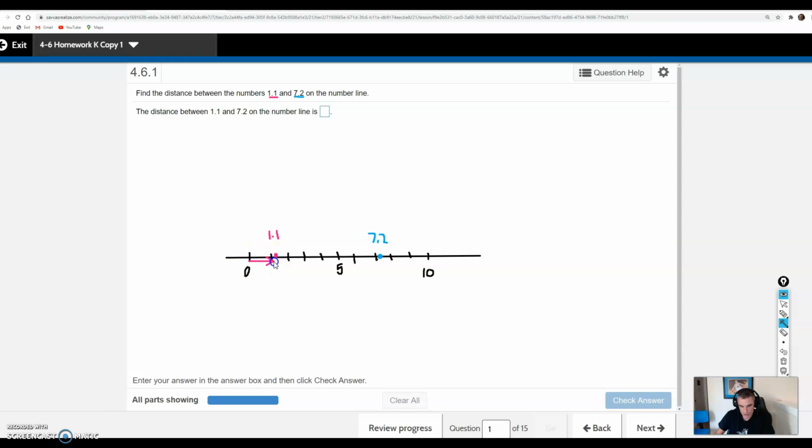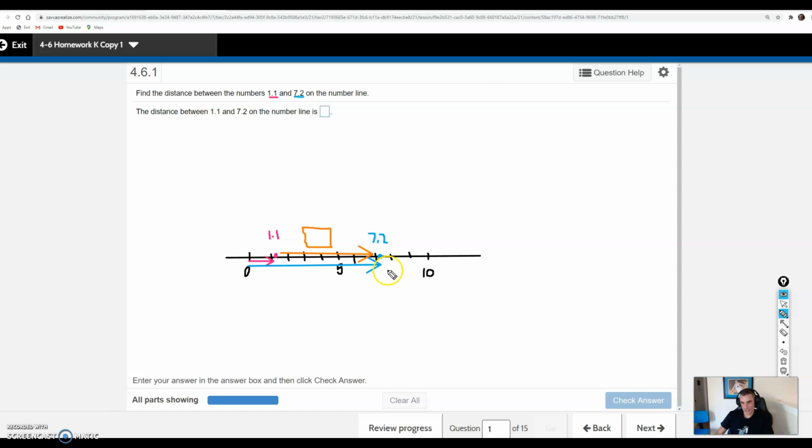So this arrow represents a distance of 1.1. And 7.2, well, that means it's 7.2 away from 0. So that is this distance right here. And what this question is asking us to find is the distance between the two numbers, right? This is represented by this orange arrow. We don't know what that is. All right, so we need to figure out what this is.